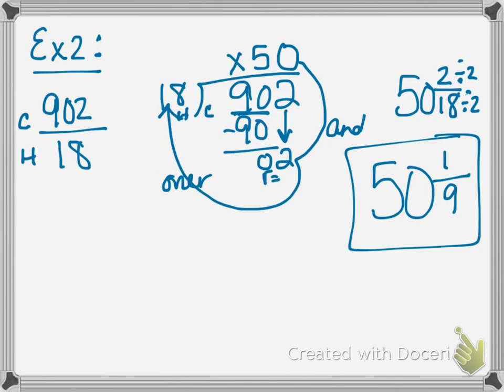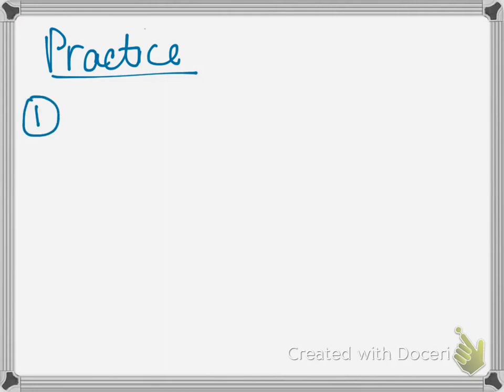What I'd like you to do in your journal and then answer on the Ed puzzle are these 2 practice problems. The first one, I'm going to go ahead and write as a straight division for you. We're going to say 3 into 359.